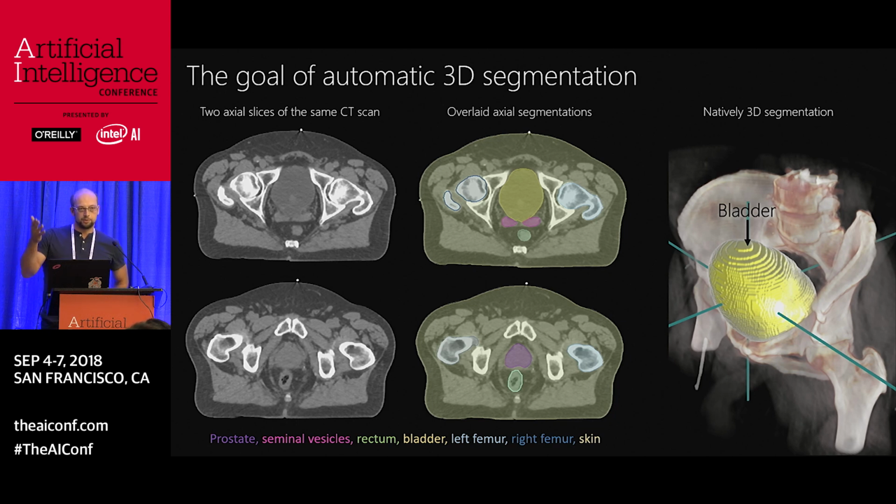In this case, and this is what I will use in my examples, we're looking at a scan of a male pelvis of someone who has prostate cancer. We started with prostate cancer because it has a very high incidence, and it was relatively easy for us to obtain good ground truth data, because many radiation oncology centers already have this data, since they do the tracing in the course of treatment.